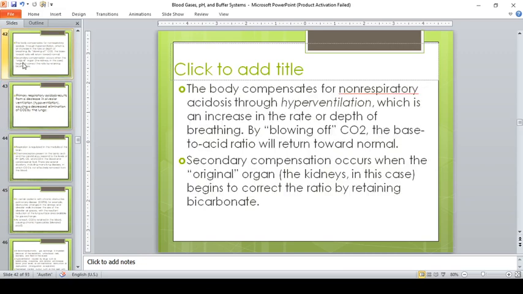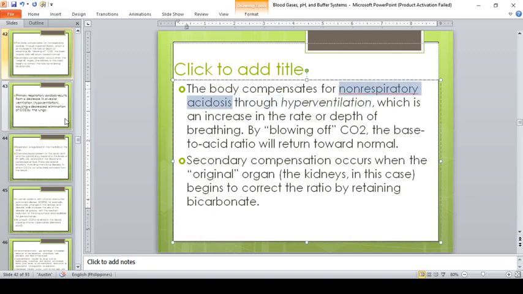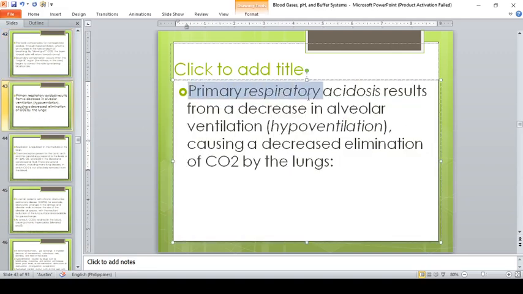Okay, kanina, that is non-respiratory or metabolic acidosis. Ngayon naman, we will discuss primary respiratory acidosis. Kanina, yung problema natin is other parts of the body that is not the lungs. Pwedeng si kidney, pwedeng other parts. Okay? Dito naman, ang problema lies with the lungs.